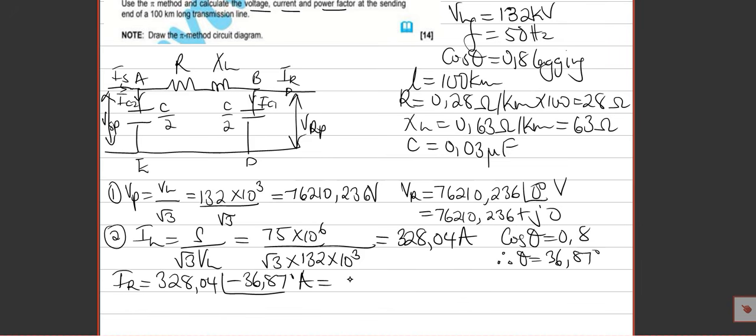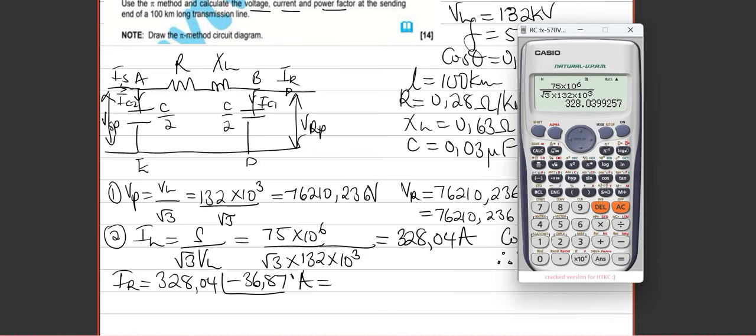In rectangular form, 328,04 at minus 36,87.